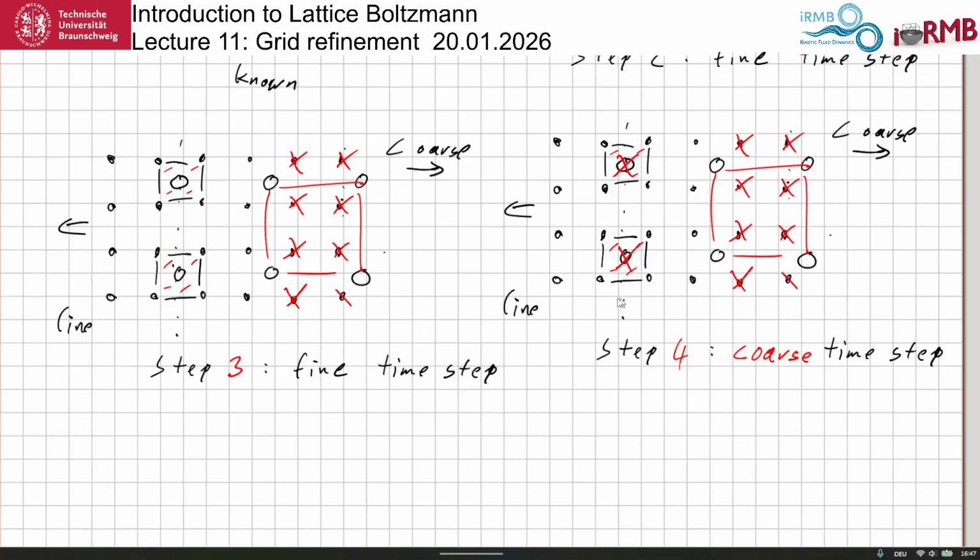Now all these boundaries are dead, but you see the surroundings are always all alive.